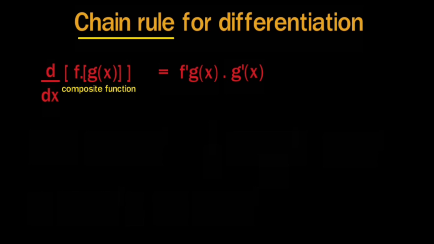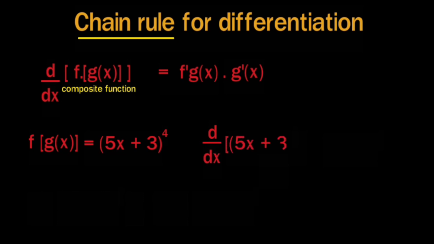So let's start off with the first example. Let's say we have a composite function f(g(x)) equal to (5x + 3) to the power of 4. When we differentiate this, the function inside is function g, so we keep the function inside.